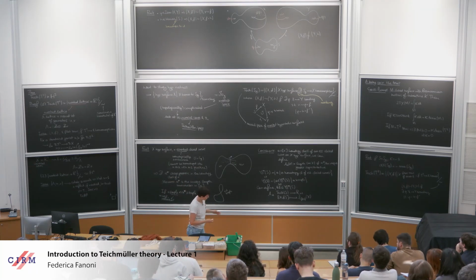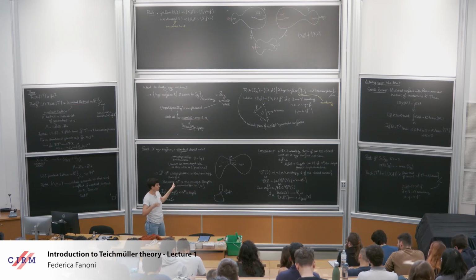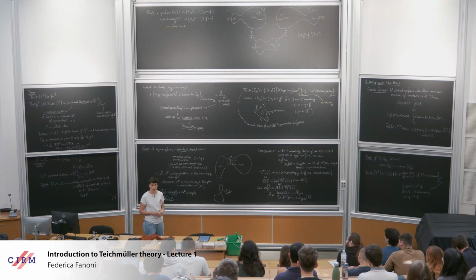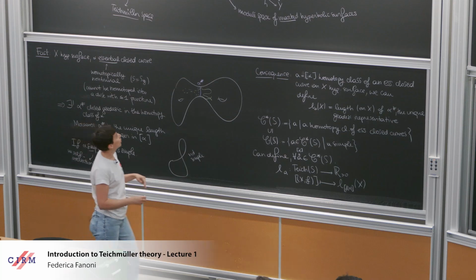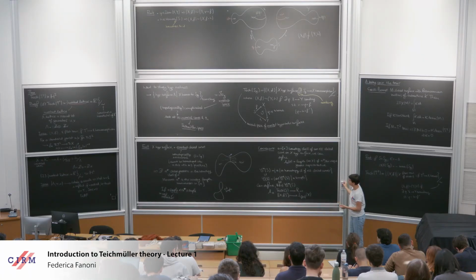And here again, there's a bunch of things to check. There's a bunch of up to homotopy that are floating around, and what one needs to do is to check that everything works well. If you are uncertain about the definition, it's an excellent exercise to figure out why this actually works.